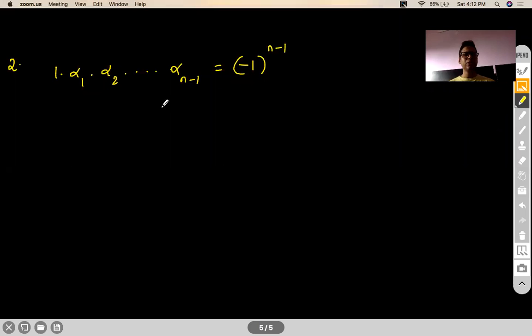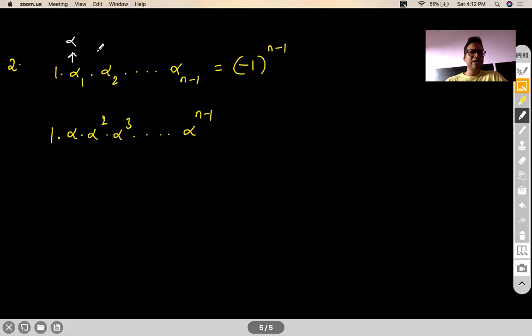Yes. So how do you solve this question? It's very simple. You all know that alpha 1, alpha 2, alpha 3 till alpha n minus 1 can actually be written like a geometric progression like this. Because if you call alpha 1 as alpha, alpha 2 will be what? Alpha square only. We have just now seen while we were discussing the theory. And this is alpha to the power n minus 1.